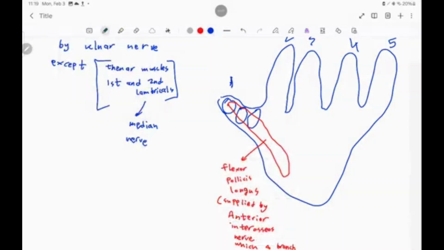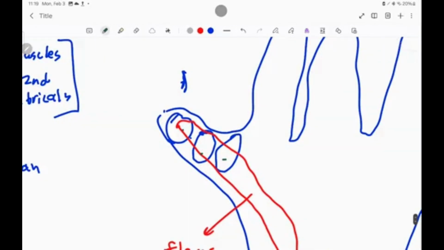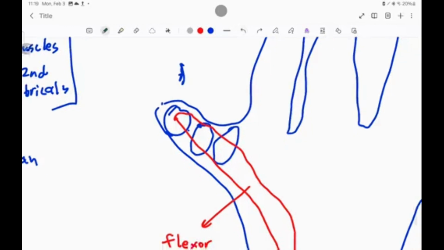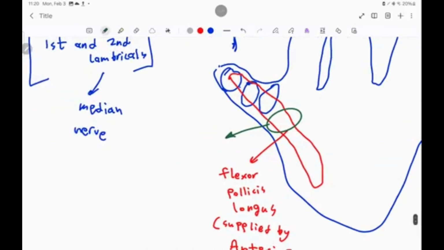Okay, there's also another muscle of the thumb other than the thenar muscles. We said the thenar muscles are these three: 1, 2, 3. Okay. The red one is not. Flexor pollicis longus is not one of the thenar muscles. I'll draw another muscle. It controls the thumb, but it's not a thenar muscle. It is adductor pollicis. I draw it with green color because it is supplied by the ulnar nerve.